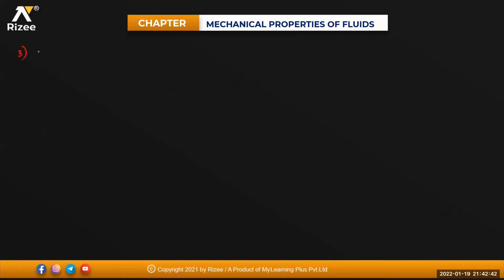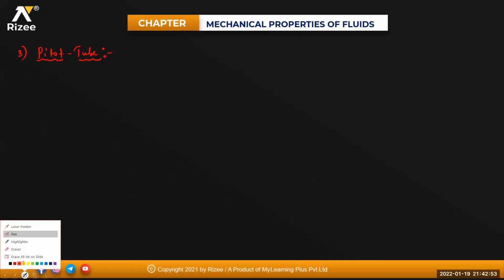The next one, the third application, beta: Pitot tube. Can anyone tell me what a Pitot tube is, beta? An instrument which is used to measure the speed of a river.